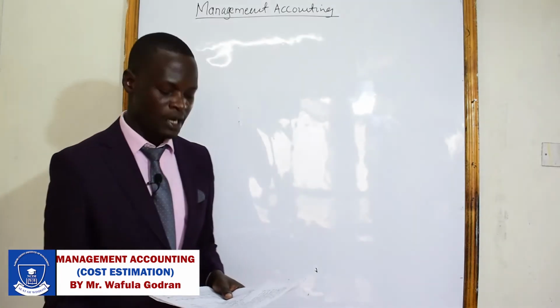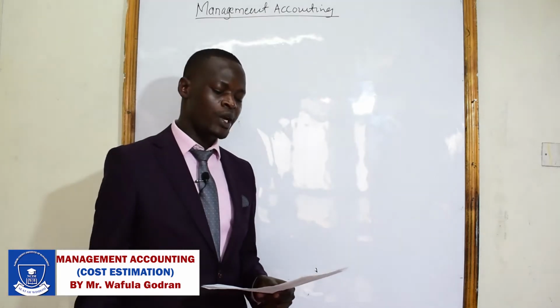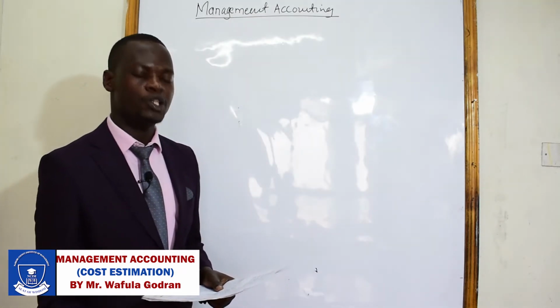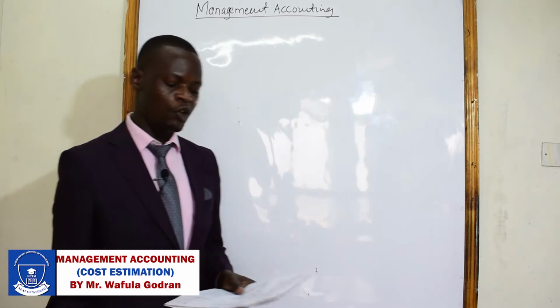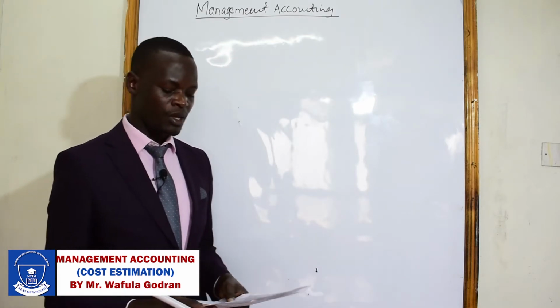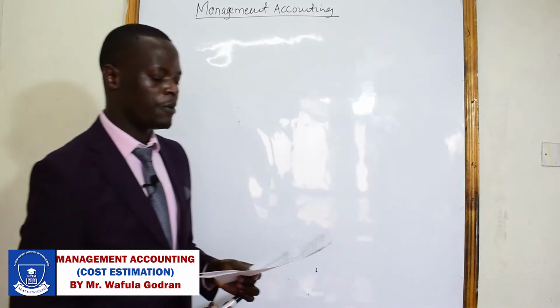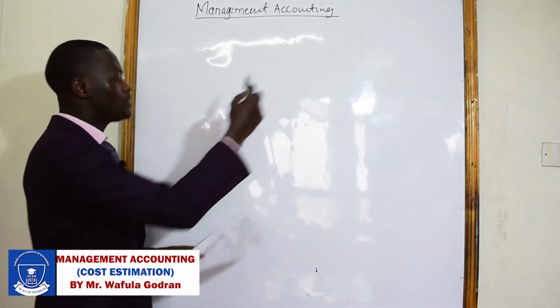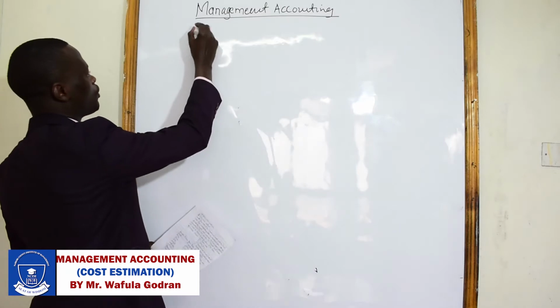In our last class, we said that once we pick the two points, the highest and the lowest with their corresponding level of cost, we are able to come up with the equation, the one we are calling the cost function.